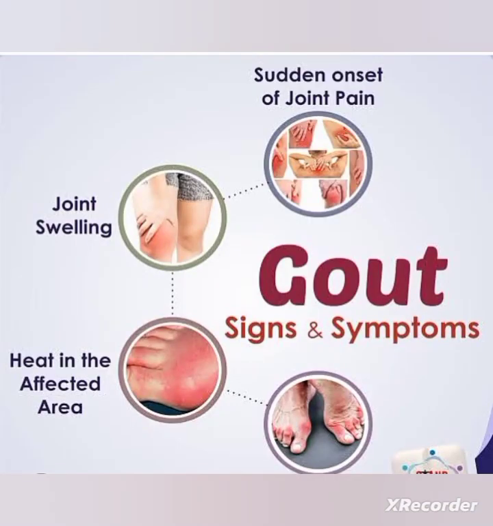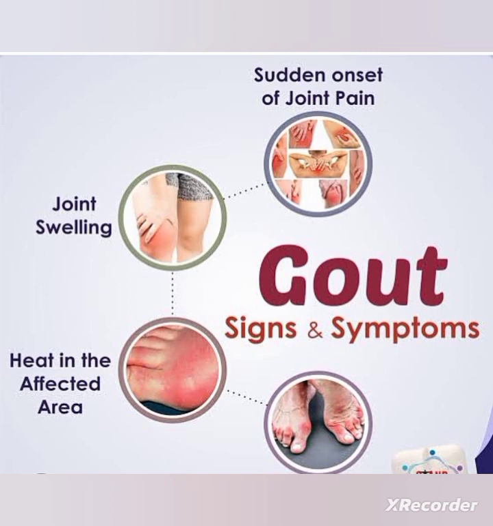The clinical features of gout include joint swelling, heat in the affected area, sudden onset of joint pain and joint redness. The symptoms are divided into acute symptoms and chronic symptoms. In the acute phase, gouty arthritis may occur in one or more joints but usually less than 4.